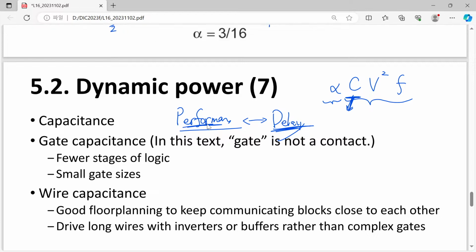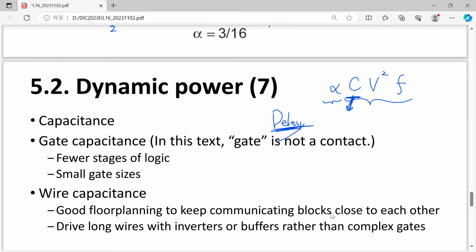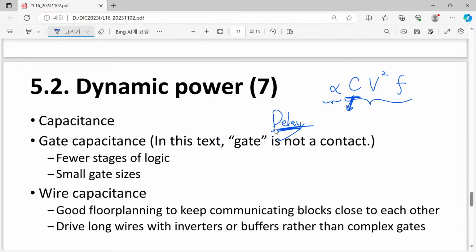However, if you reduce the capacitance to reduce the power, then there is a certain restriction on your optimization knob for reducing the delay. I mean that if your concern is only delay reduction, then you can set any kind of C values just to minimize the delay.